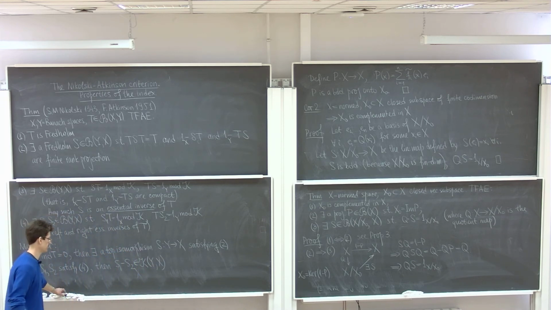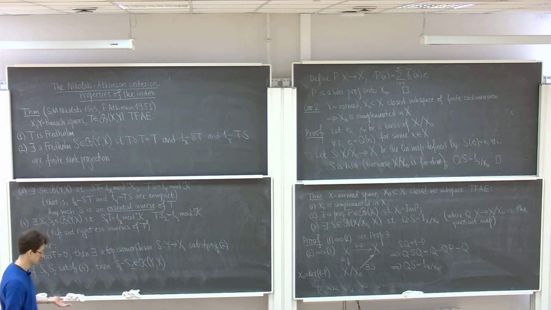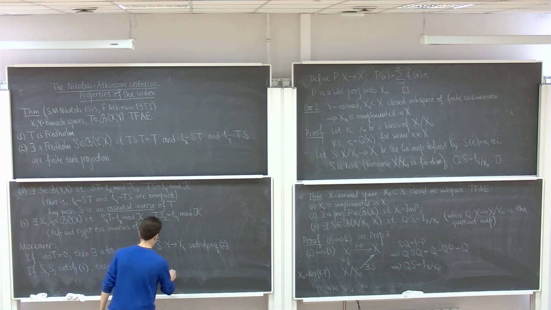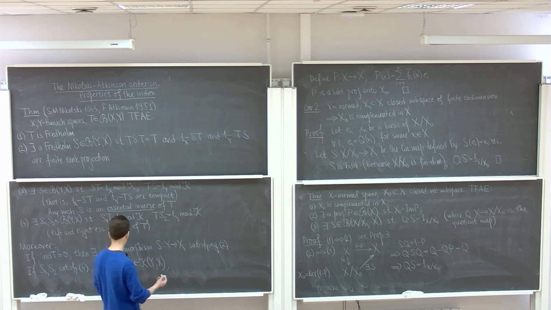So in our language, this means that they are essentially the same, the same modulo the ideal of compact operators. Each of them is a two-sided essential inverse.